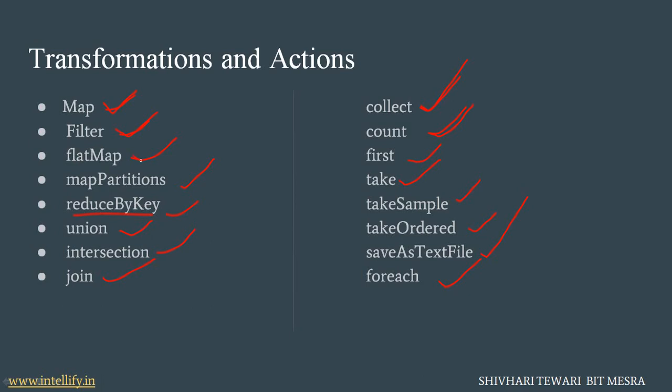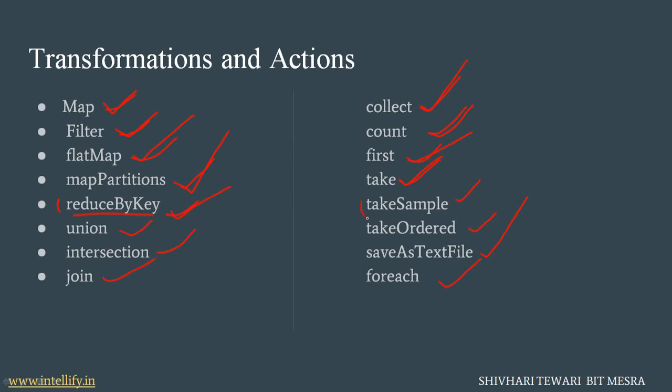If we use flatMap in Spark, that means we want to retrieve the first function of the dataset. If we want mapPartitions, that means we want to take some particular data. If we have applied reduceByKey, that means we want to reduce the data by its key value, and we want the particular data, and that data is retrieved from the table using this keyword, which is reduceByKey.